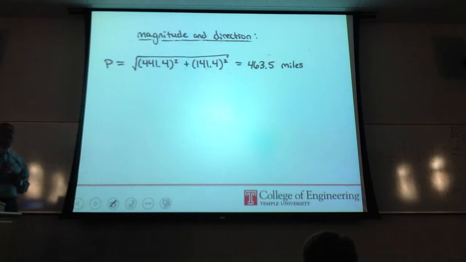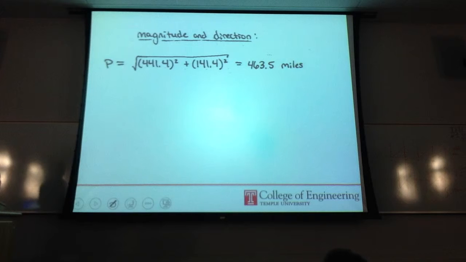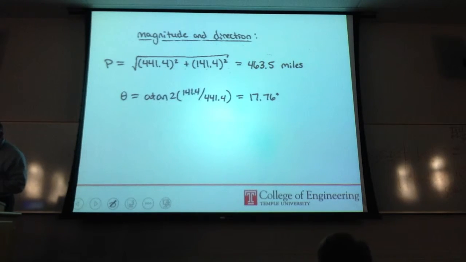Right, it's not a tan squared, it's a tan 2. Right, a tan 2 of Py, which is 141.4, divided by 441.4, which is 17.76 degrees.